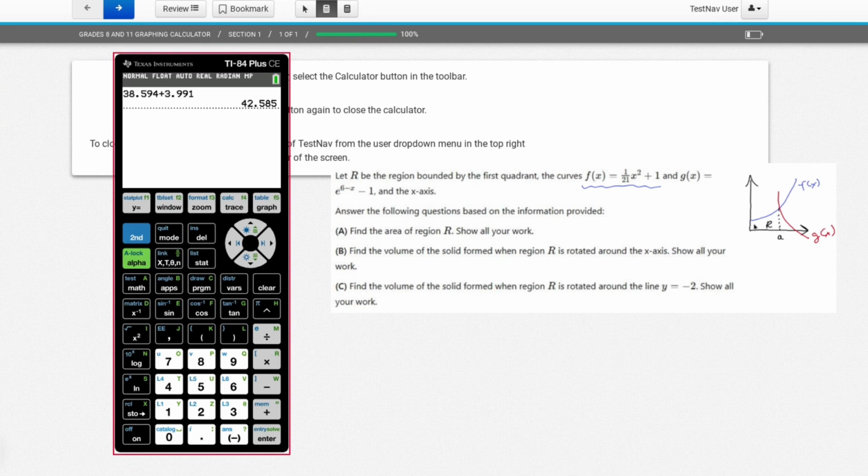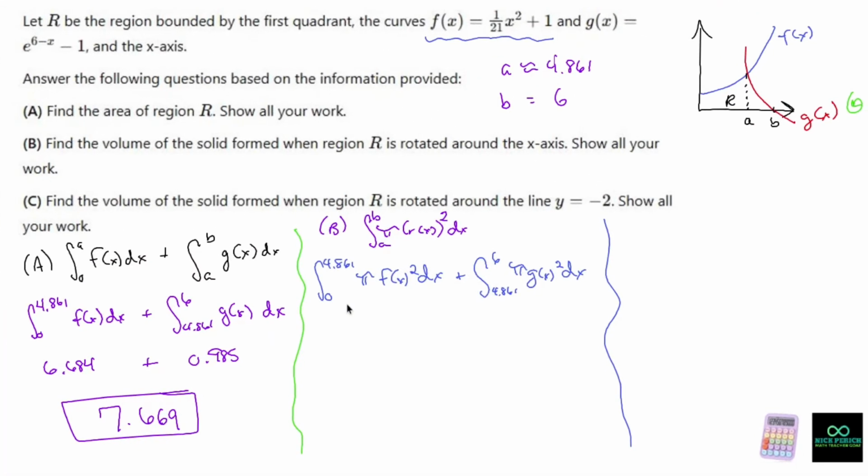All right, so let's go back and write that out. Okay, so you ended up being that 38.594. You ended up being 3.991. We added them together and got 42.585. All right, so that is how you do B.